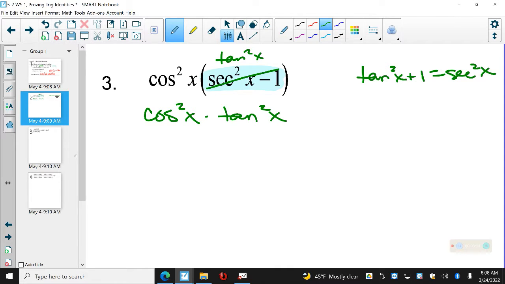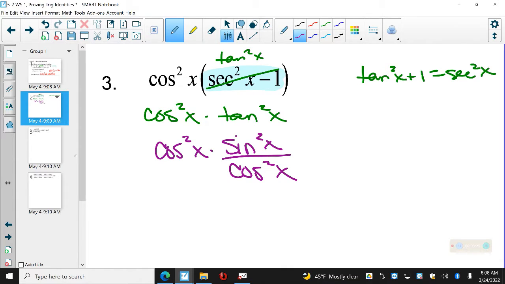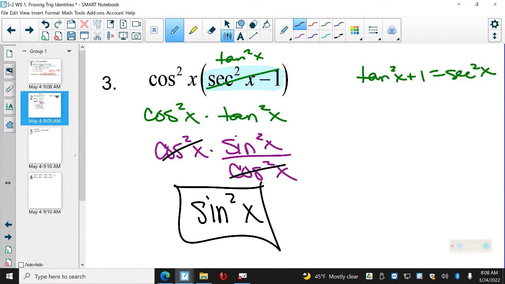Sine over cosine. So I'm going to drop this cosine squared of x down, and I'm going to put tangent squared in terms of sine and cosine. So that's sine squared of x over cosine squared of x. And from there, what do you notice? The cosine squareds cancel out to give you a sine squared of x. Does that make sense, yes or no? We good?